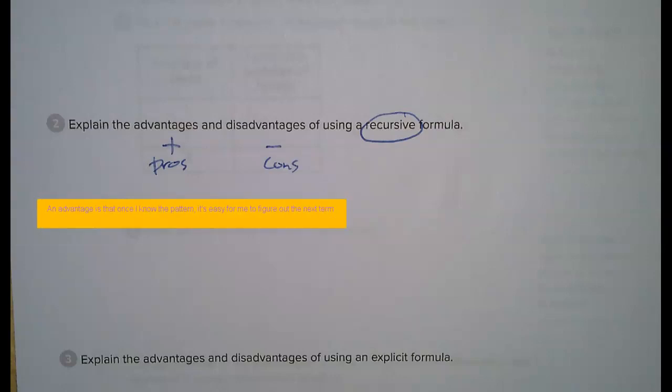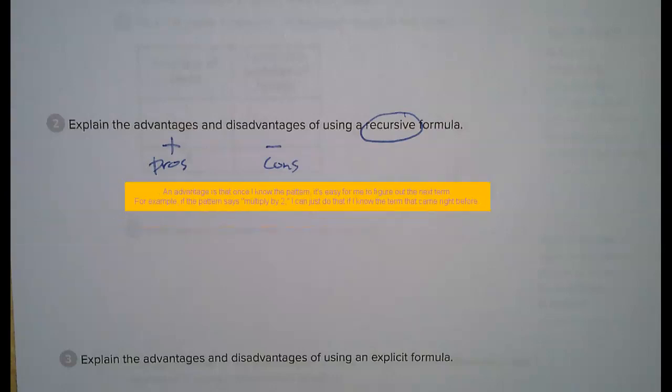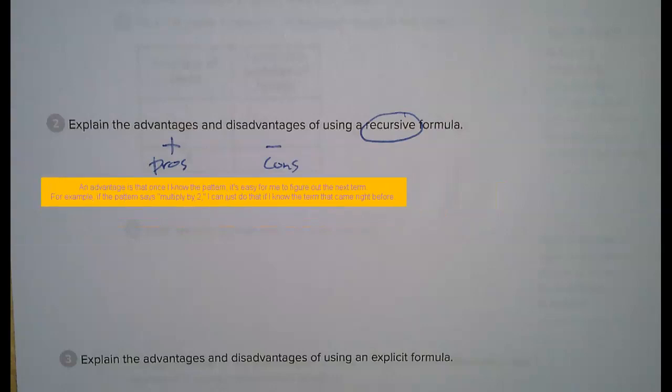So, for example, if the pattern says multiply by 2, I can just do that, right? If I know the term that came before. All right, so that's an advantage. That's a pro, or a plus, of using the recursive formula.